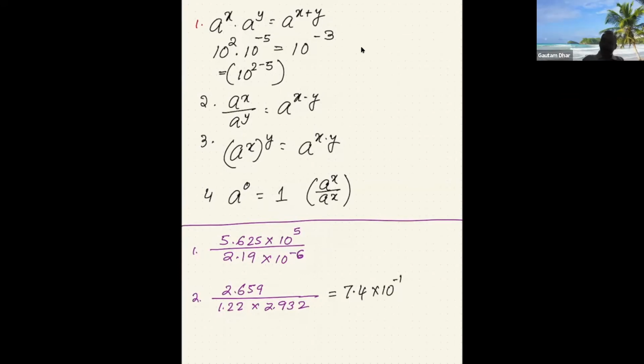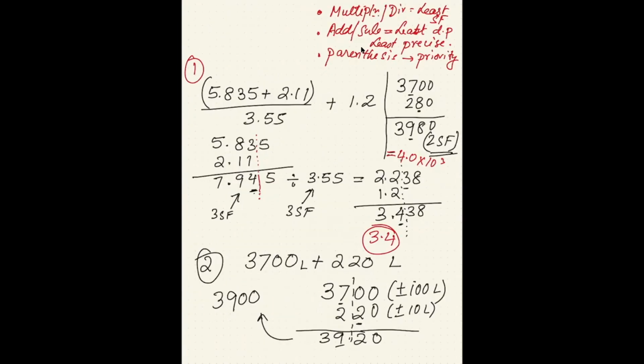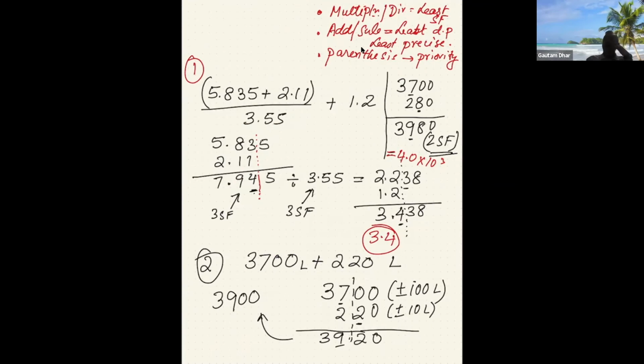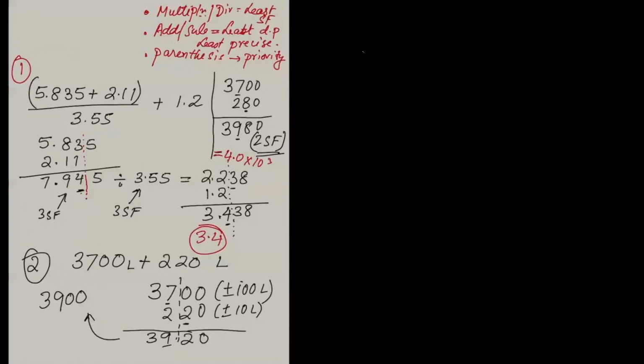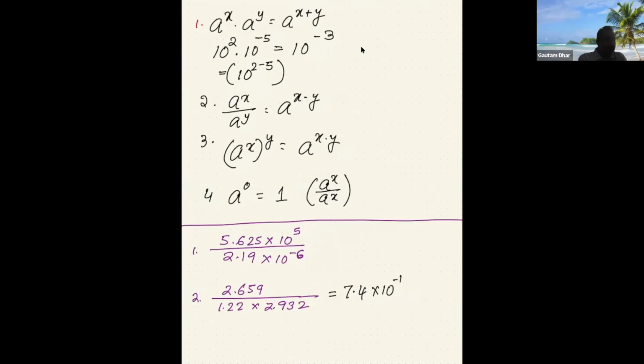And why do you decide on 7.4? Because it's the least significant figure, it's going to be 3. What is the least significant figure here? No, your answer must be in 3 significant figures. This is 4, and this is 4. So your answer must be in 3 significant figures.